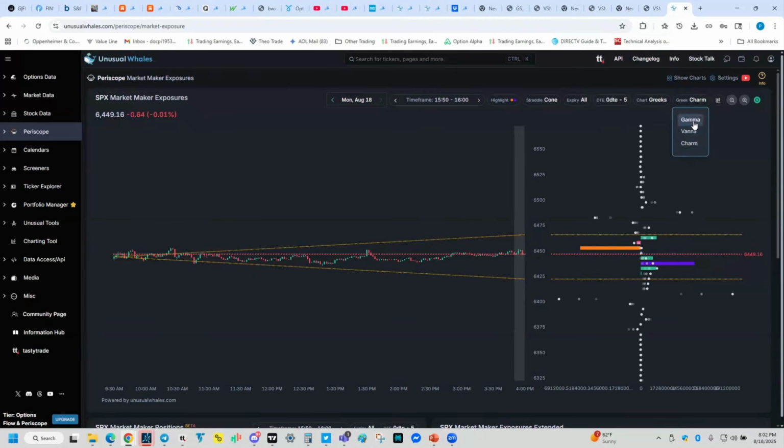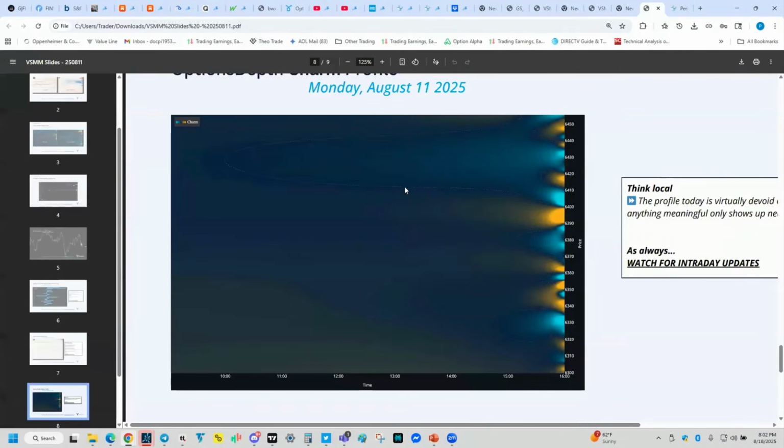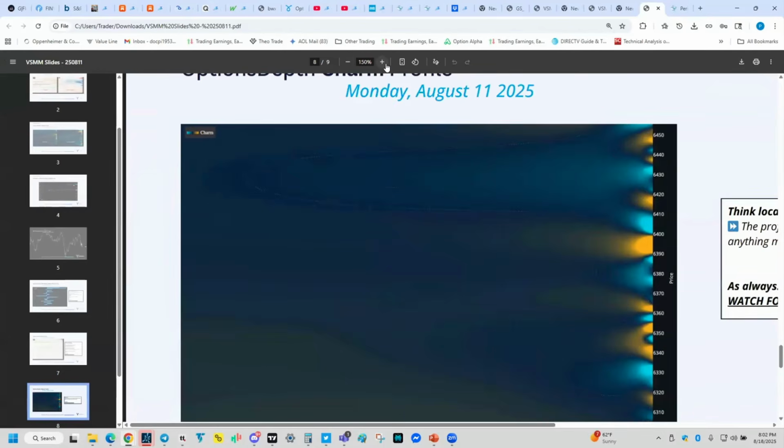So charm is just taking the same options and doing a different calculation, how they're going to decay. And so what ends up happening, and again, let's not worry about the exact why, is we end up closing, I'm not going to say never, let's say 95% of the time or more, not in one of these suppressive charms.